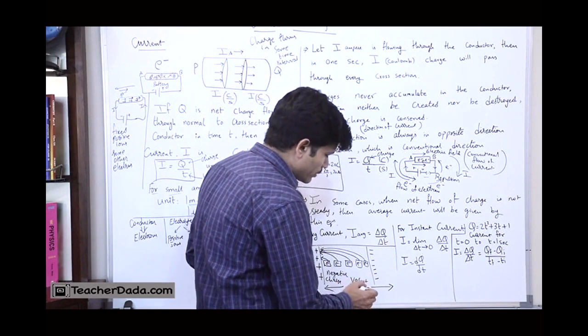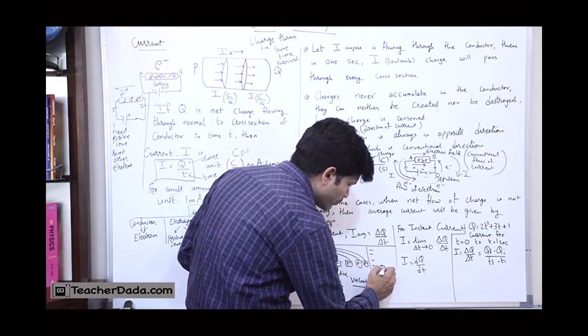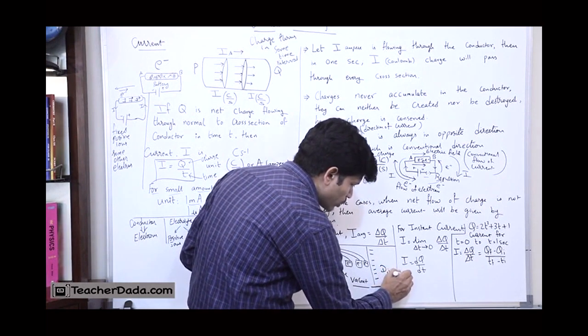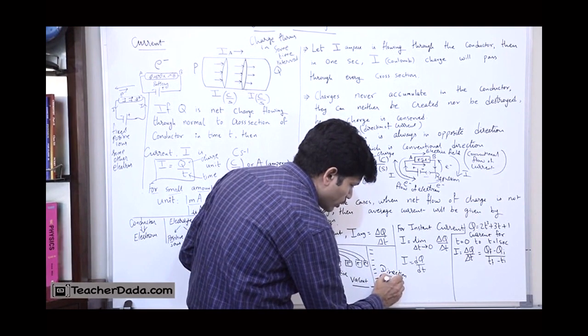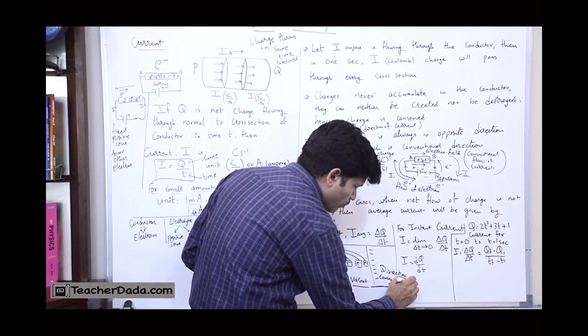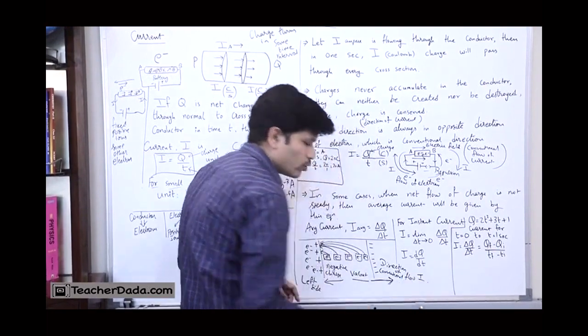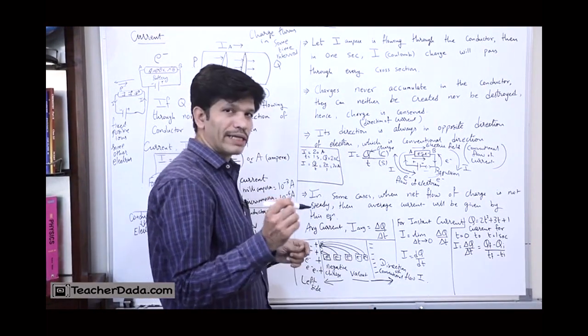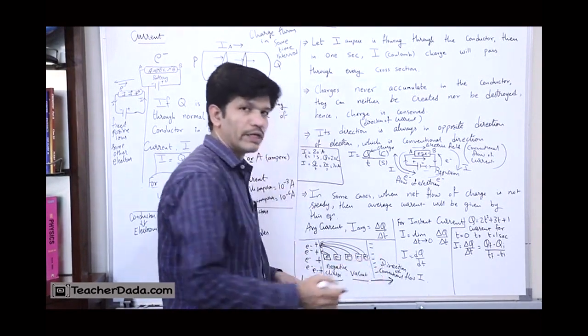So this is the direction of conventional flow of electric current, that is capital I. Because we know that the direction of conventional flow of electric current is from positive to negative terminal.